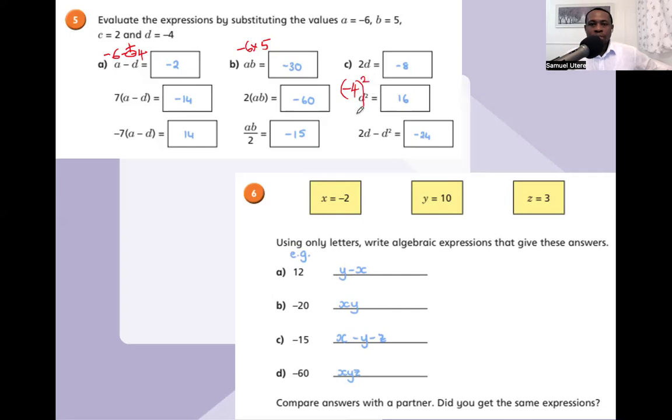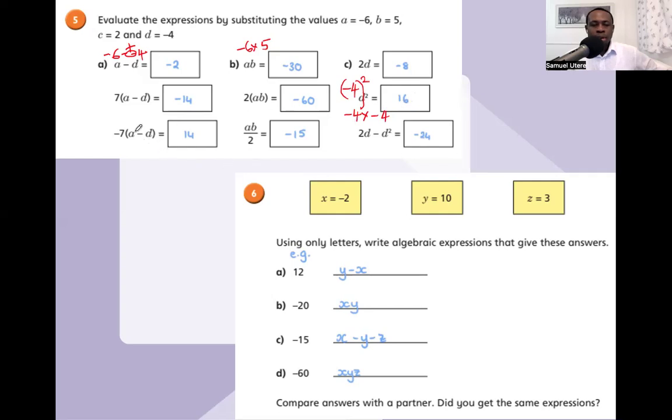So negative 4 squared will be negative 4. To square something means to multiply that thing by itself. And that will be negative 4 times negative 4, which will be 16. Remember, multiplying two negatives will give you positive.